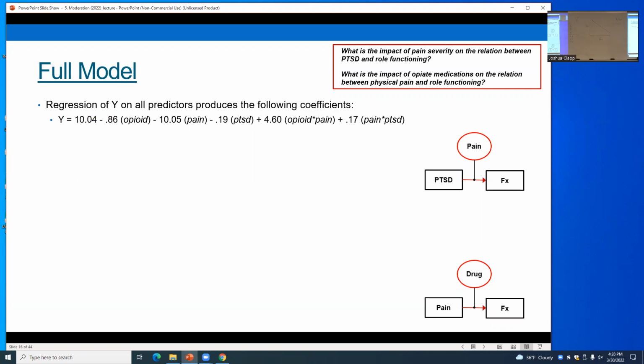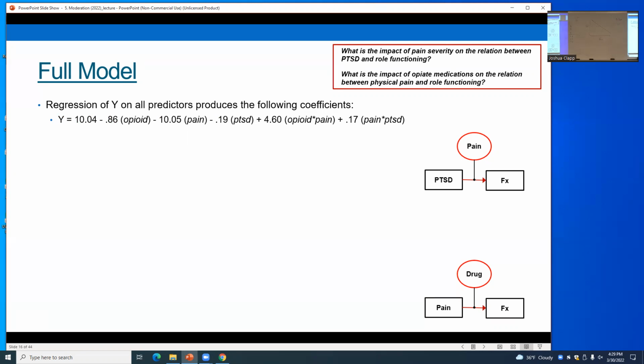What are my conditional effects in this, Basha? For the variables associated with my conditional effects, it's going to be PTSD and pain. Those are the two variables that are still my conditional effects.